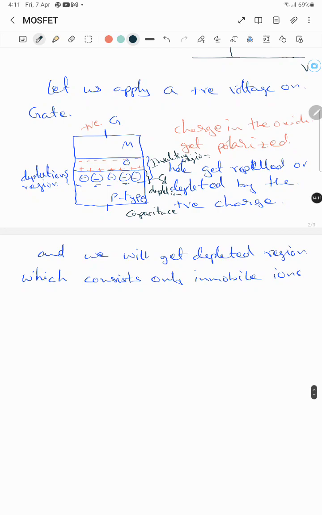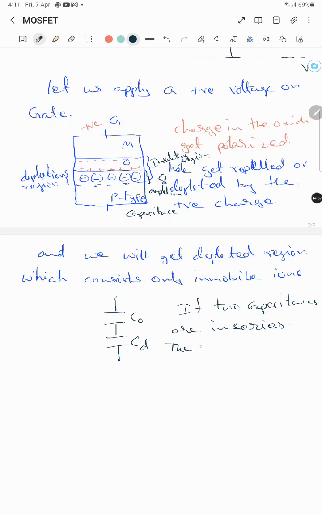Now the parallel plate capacitor looks like the initial capacitance in series with this depletion capacitance. If two capacitances are in series, the resultant capacitance is less.